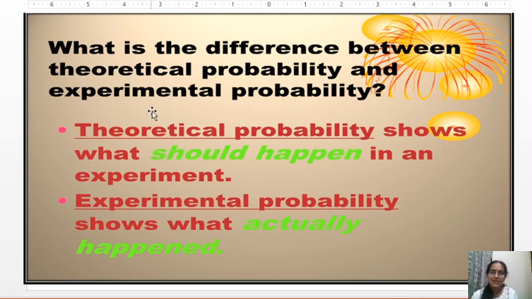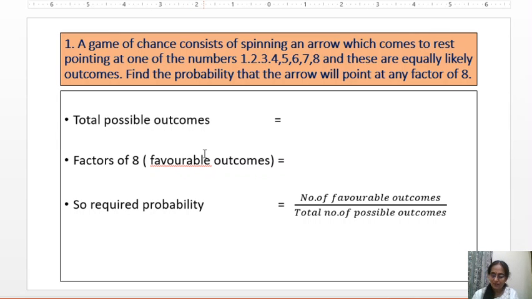Theoretical probability shows what should happen in an experiment. Experimental probability shows what actually happened. Without doing the experiment, theoretical probability shows us what should happen. Theoretical probability is simply called probability, and it is used to find the probability of an event.